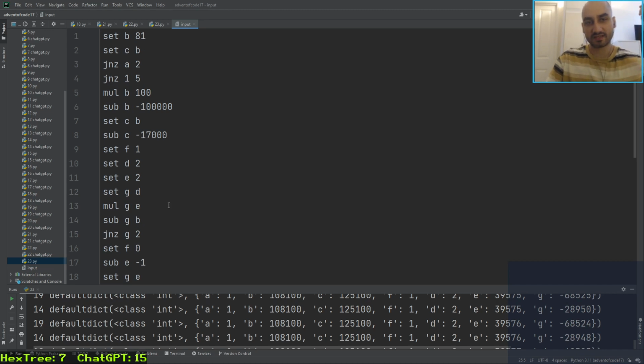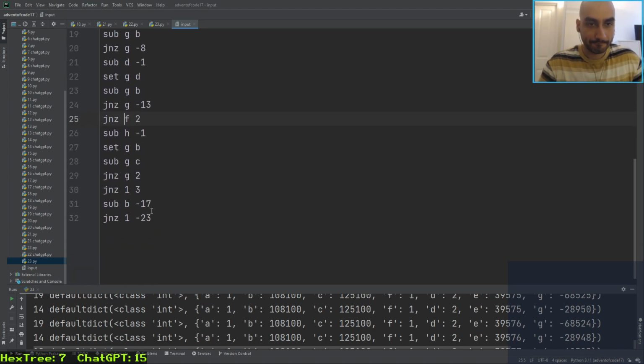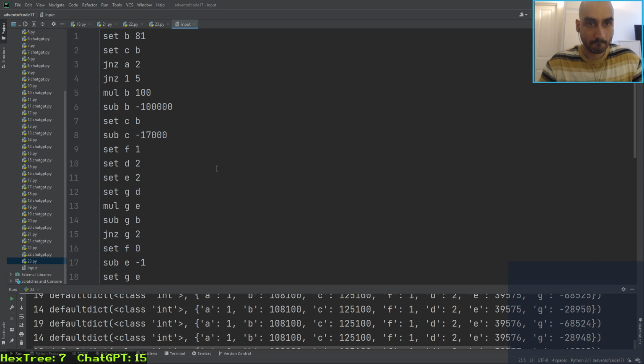Maybe I should just translate this into normal code, because this assembly code is... oh man. Yeah, maybe that's the way. Translate it into non-ridiculous code, so that I can actually read it.